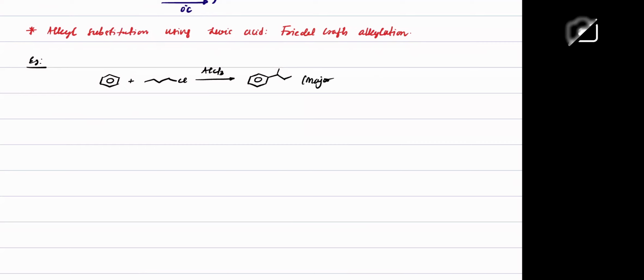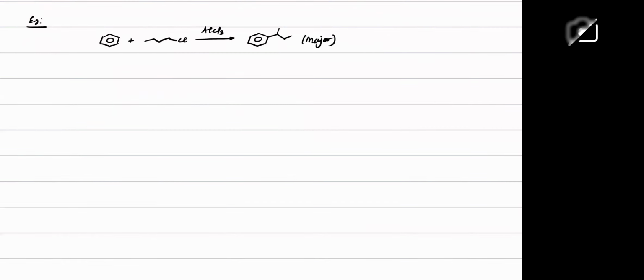Any doubt there? Similarly, if you have benzene plus CH2Cl2, that means you have to take it as a 2:1 ratio. In that case, alkylation in the presence of AlCl3 happens two times and you will get two phenyls connected this way. Got it?